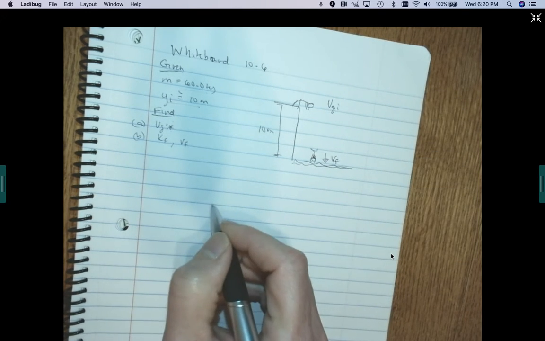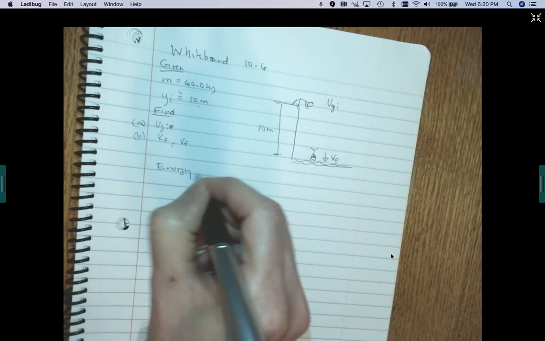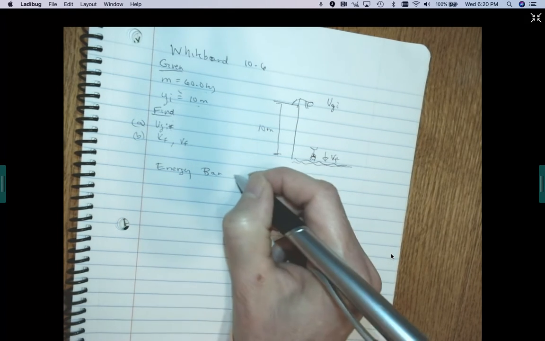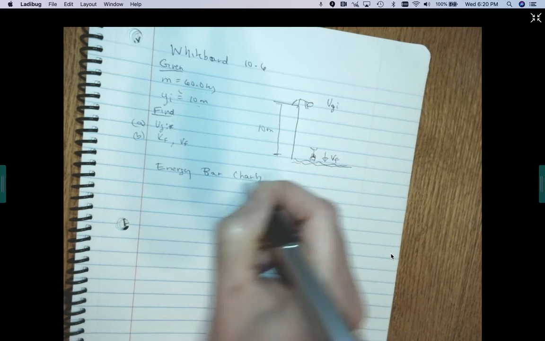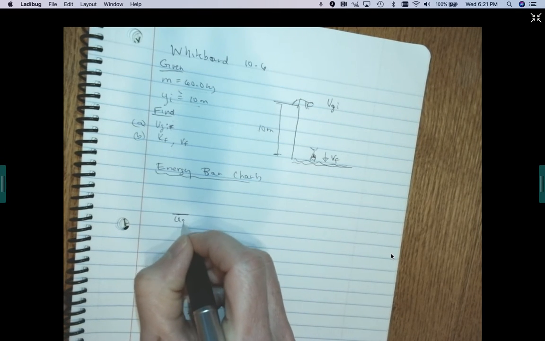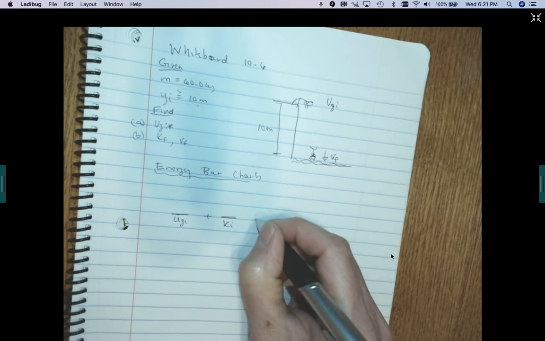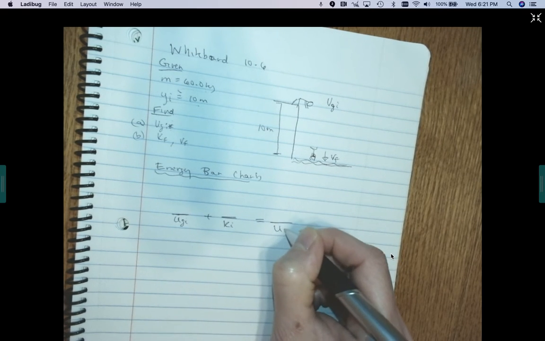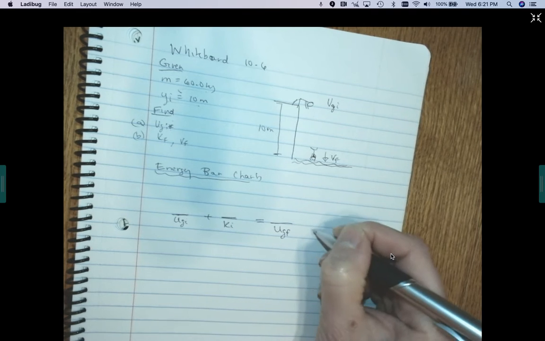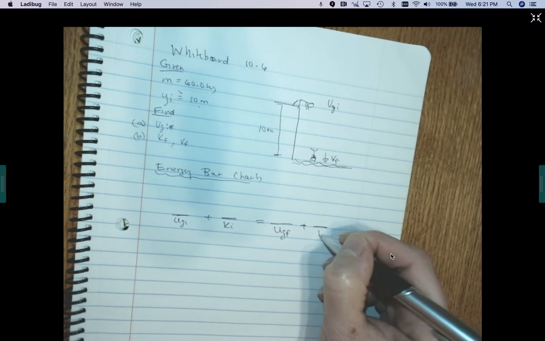So let's just do our energy bar charts so we can visualize what's happening. Initially we have gravitational energy, and our kinetic energy will be 0. At the end, our gravitational potential energy will be 0, and we will have everything stored in kinetic.